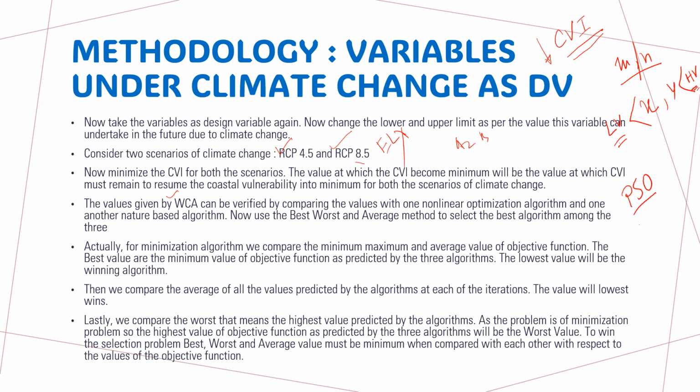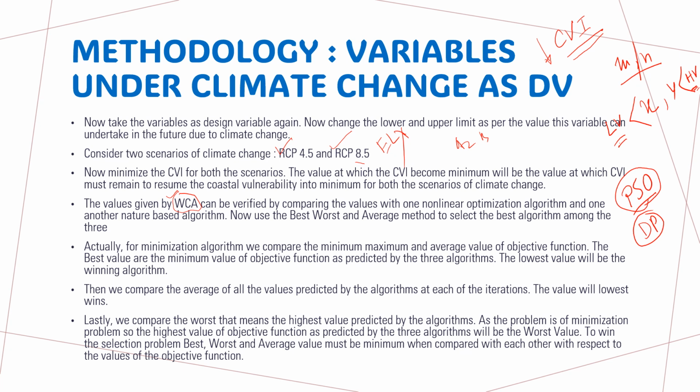And also I have used dynamic programming, because dynamic programming is a numerical programming method, not meta-heuristic. But PSO is a meta-heuristic, and WCA is also a meta-heuristic. Now you can ask why only PSO and DP?